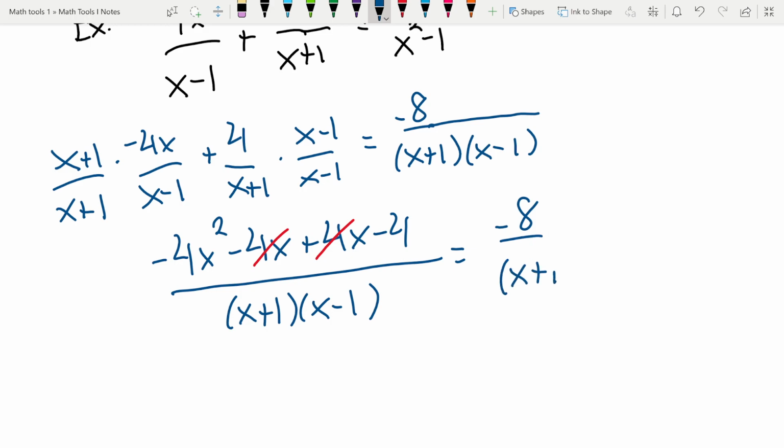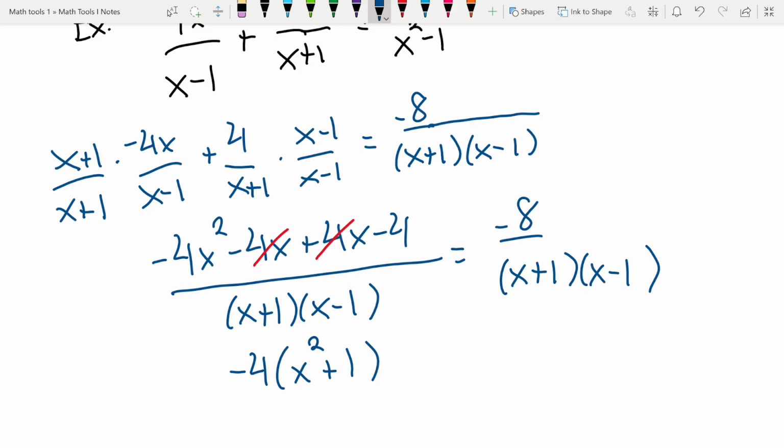We also have something that's going to factor here. So let me rewrite the whole thing, I guess. So this, the top now, we have negative 4x squared minus 4. So we can pull a negative 4 out of that, and we'll get x squared plus 1.